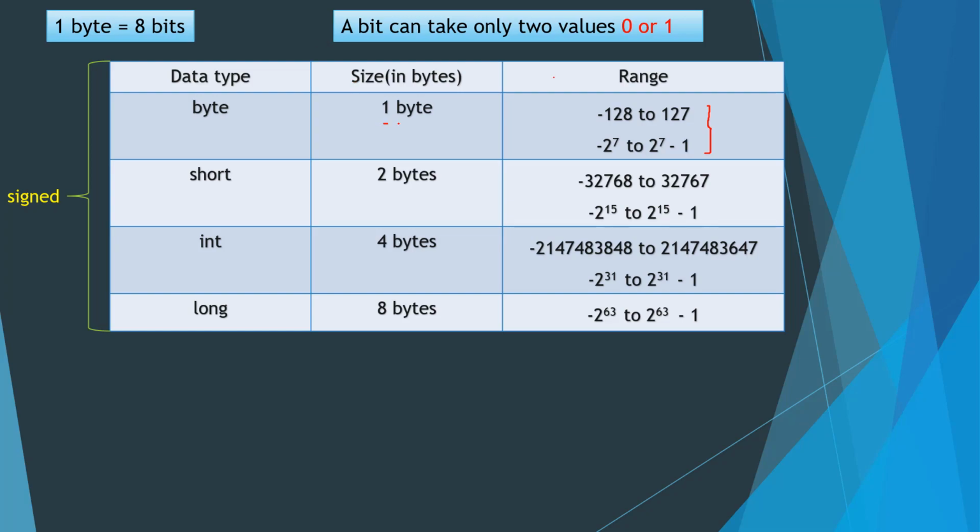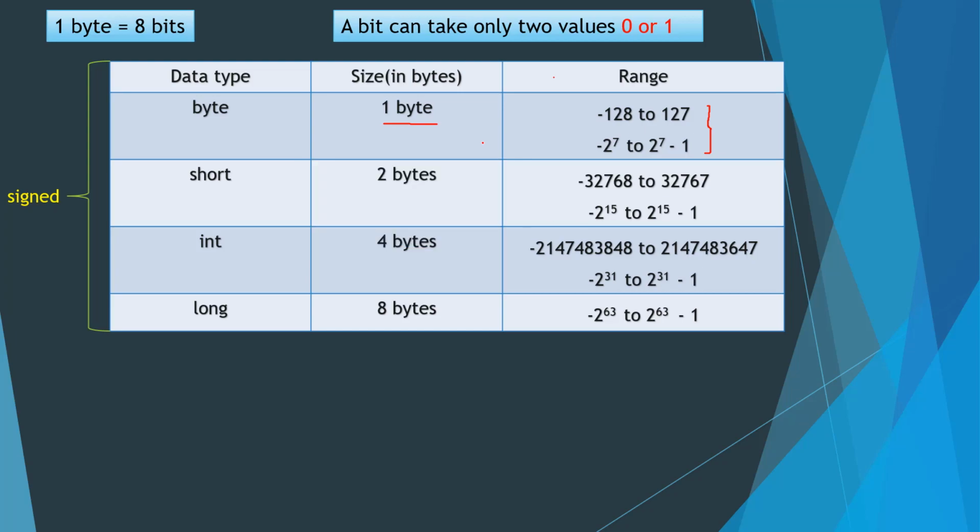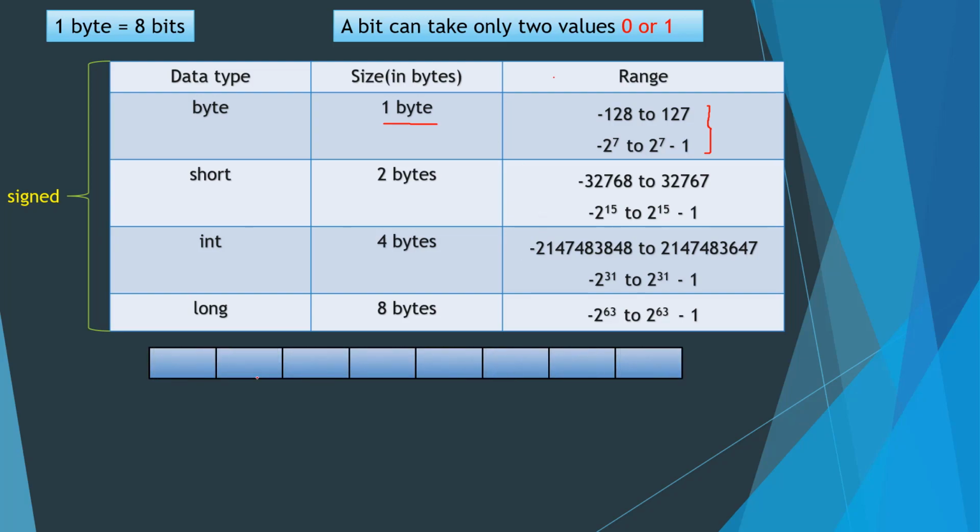For example, we have this 1 byte, right? Let's consider this declaration: byte number equals 4. Then this 4 will be stored in the form of 8 bits. It won't be stored directly as 4. It will be converted into some binary form, and then stored in these 8 bits.